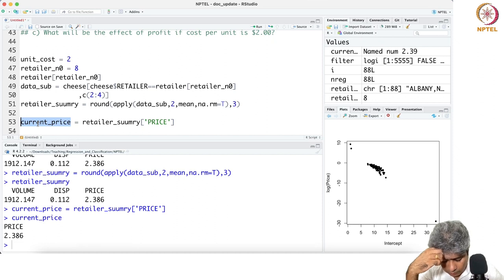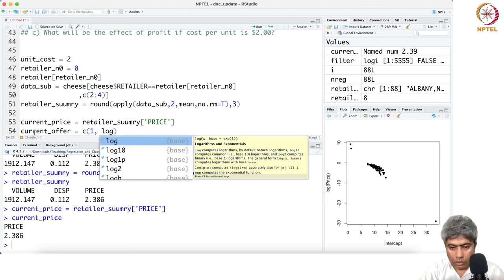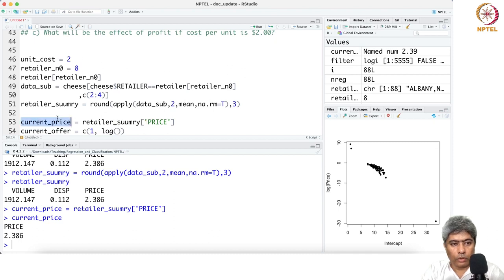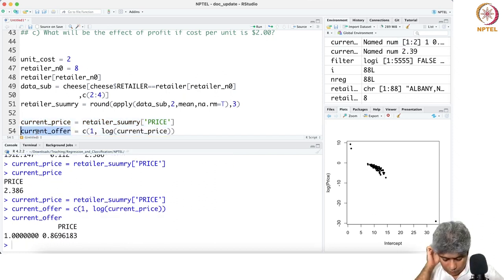Then I will call say current offer equal to 1 comma log of current price. So this is my current offer.